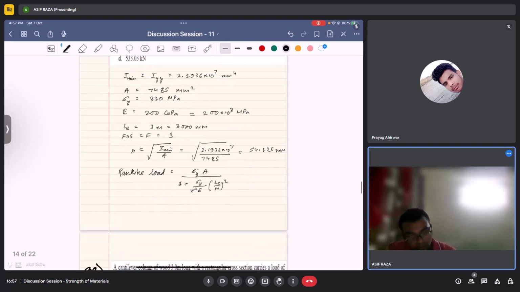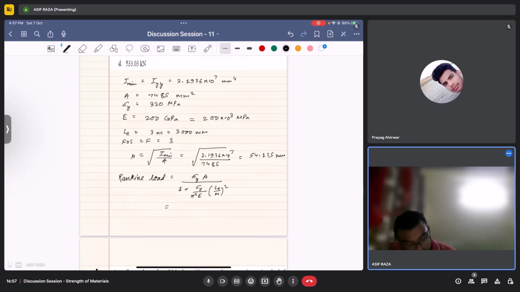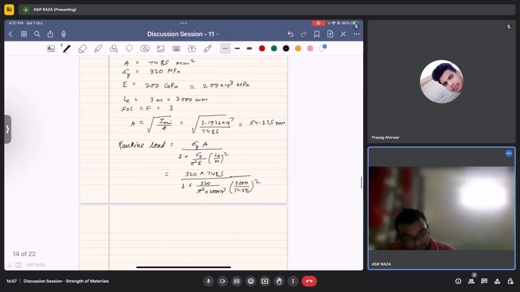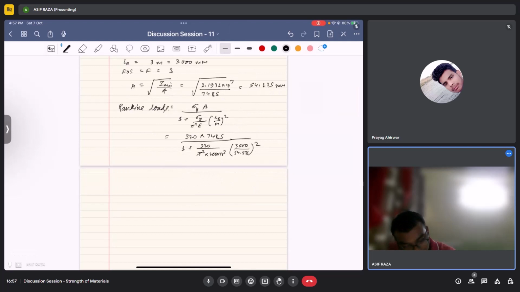Okay, so let's substitute whatever is provided. 320 into area is 7485, 1 plus sigma y is 320, pi square E is 200 into 10 power 3, effective length is 3000, radius of gyration which we found is this. Can write PR.